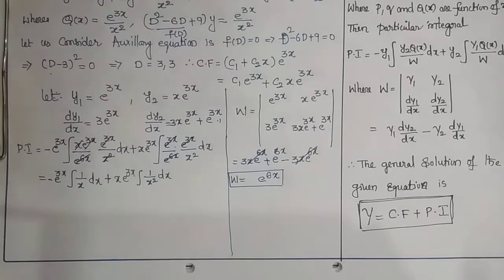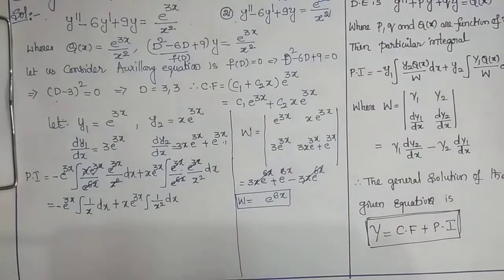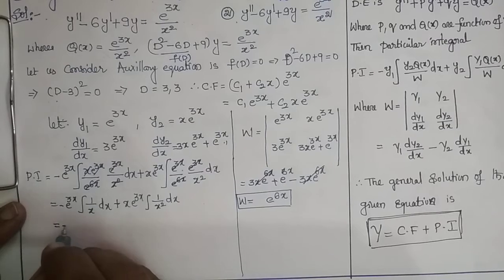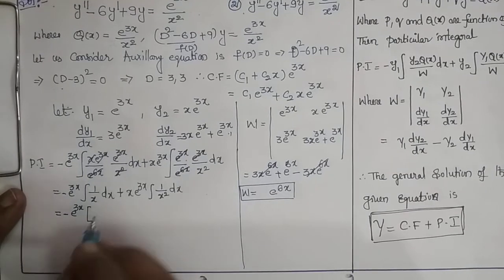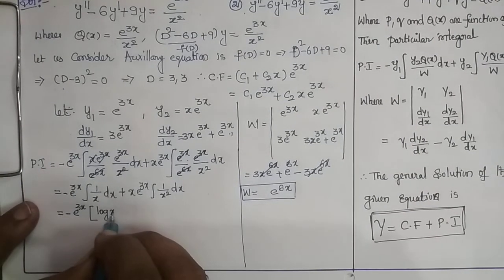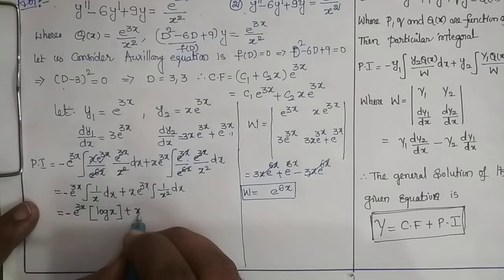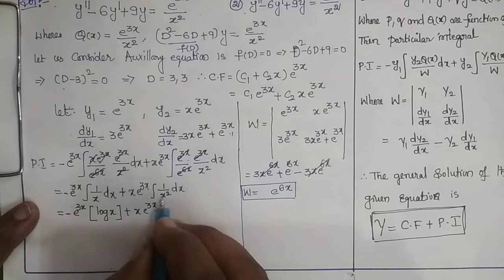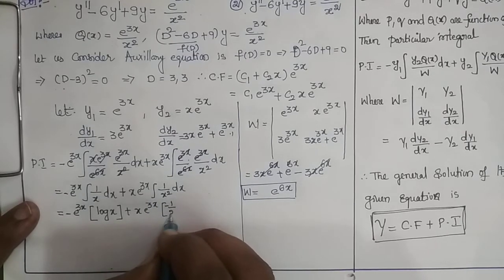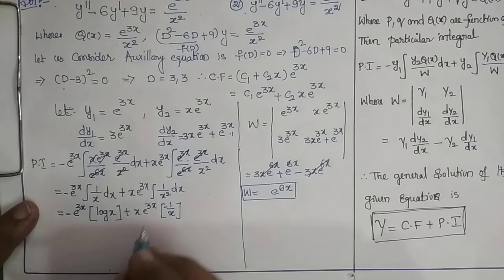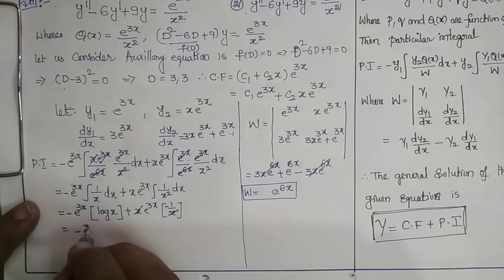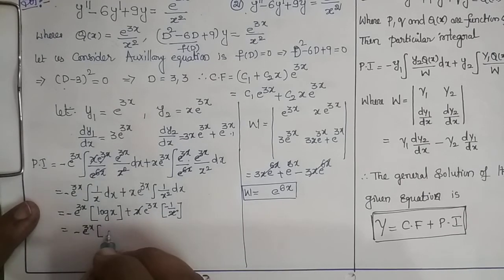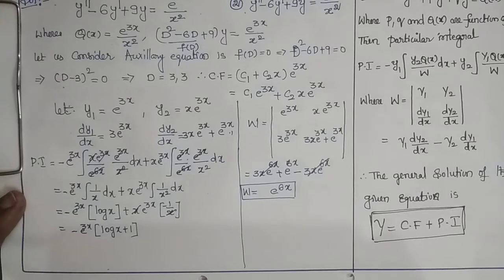Next, minus e power 3x, the integral of 1 by x is log x, plus x into e power 3x, the integral of 1 by x square is minus 1 by x. Then x cancels. The simplified one is minus e power 3x, with minus common, into log x plus 1. This is the particular integral.